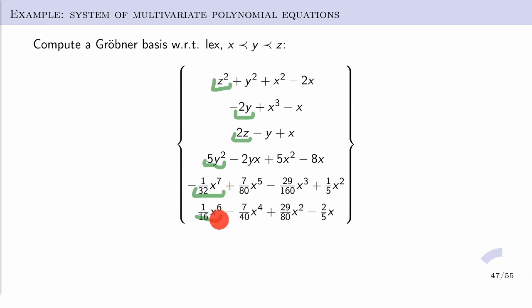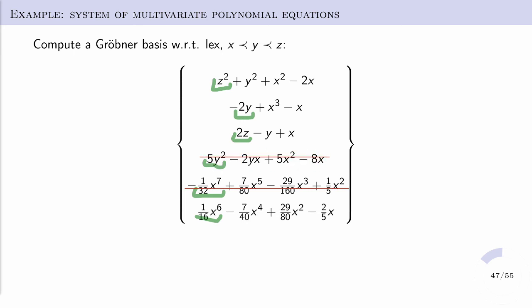So the leading monomial of this polynomial divides the leading monomial of this polynomial. So we can get rid of this polynomial. It's not needed. Likewise, this y here divides y squared. So this leading monomial divides this leading monomial. So this polynomial is not needed. So we can get rid of it.